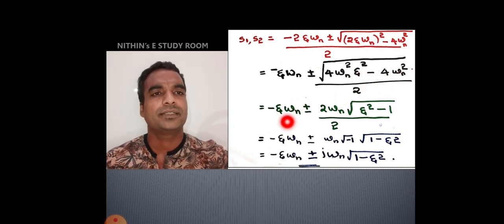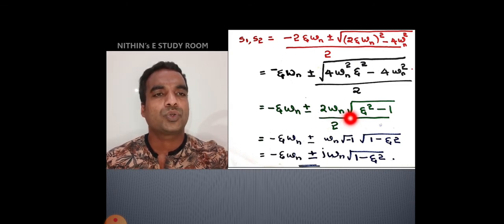In the next step, minus eta omega n plus or minus, I am taking 4 omega n square outside of the root, then it will become 2 omega n into root eta square minus 1. Is it clear? By 2.